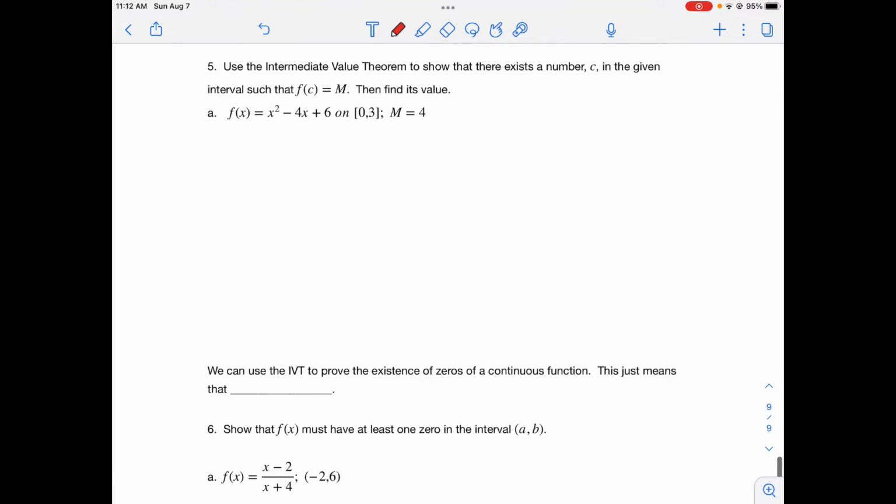Okay, so you have to start with your condition statement. So we have to prove continuity, pretty much. So I look at our function, and f of x is x squared minus 4x plus 6. It's a polynomial. So since f of x is a polynomial, it is continuous everywhere. Okay, so that defines it as everywhere.